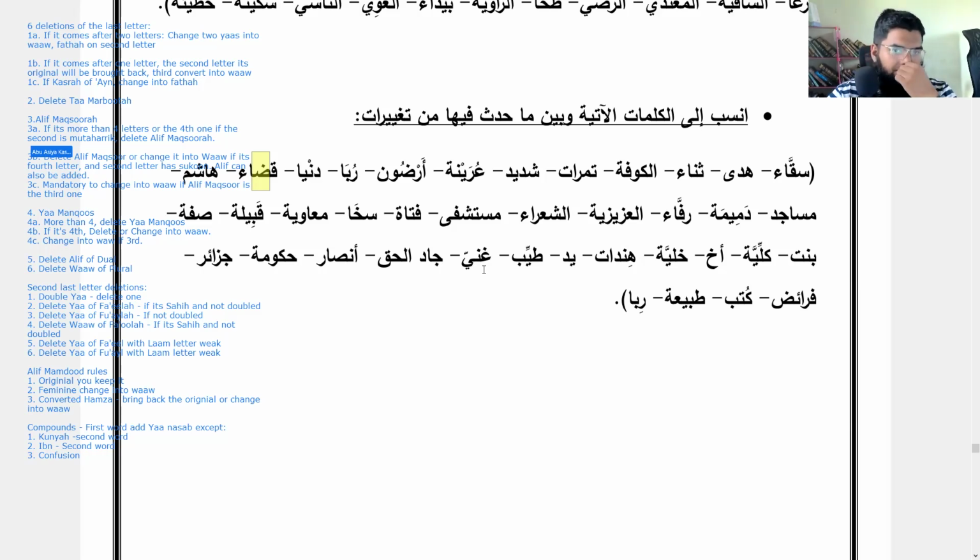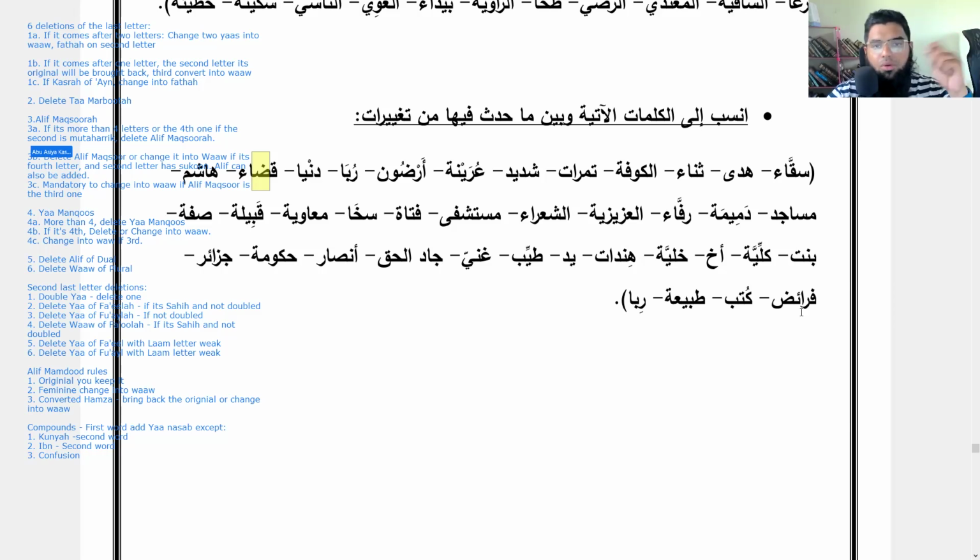Ghani is rich. So this is like this one. It's coming after two letters. So you can say ghanavi. Jad al-haq. Well, these are compounds. So compounds, jadi. Ansar, ansari, group names. Hukuma, hukumi, delete the ta. Jaza al-jazairi.